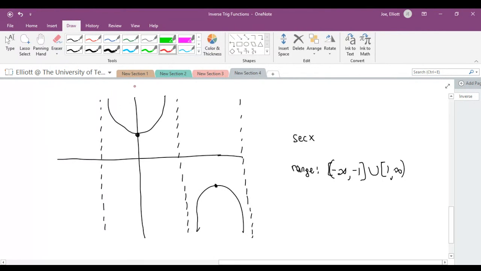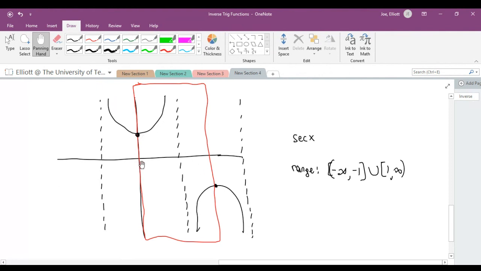So then for inverse secant, what we do is we look at this little strip between 0 and pi. And in this little strip, the secant function will pass the horizontal line test. So we can define an inverse function over this little strip.